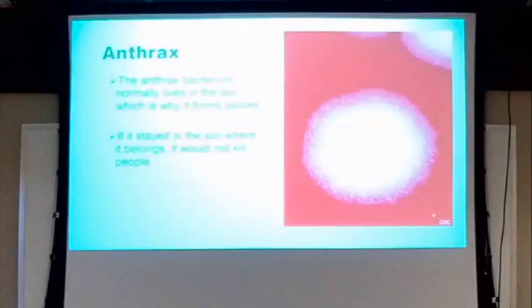So my favorite example here, natural evil, is anthrax. Anthrax is a horrendous respiratory disease, usually strikes people who work closely with animals. Anthrax is caused by a bacterium called Bacillus anthracis. It lives in dirt. And because it lives in dirt, it has this amazing ability to form endospores.